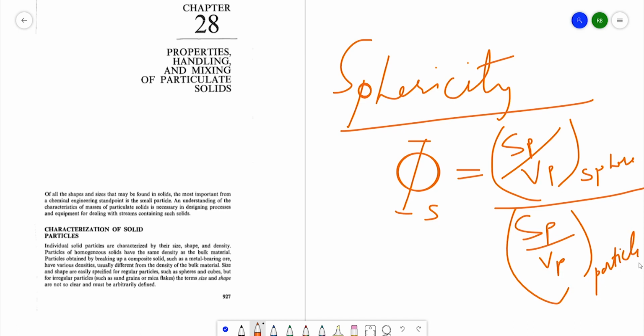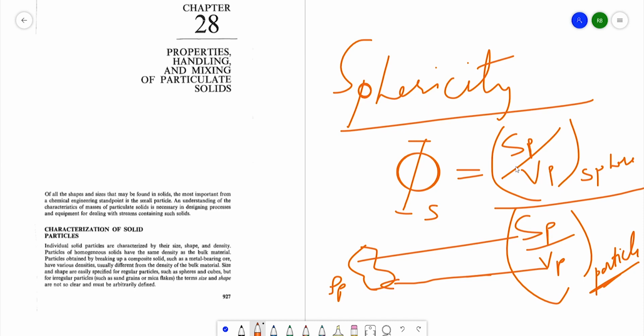You are going to define the sphericity for a particle. Suppose you have this irregular shape particle, right? Let's say you know the surface area of this particle, you know the SP, and you know the volume of the particle. Let's say you know the density of this particle, so you can easily calculate the volume from mass. And what about this sphere? It is the surface area of a sphere divided by the volume of the sphere.